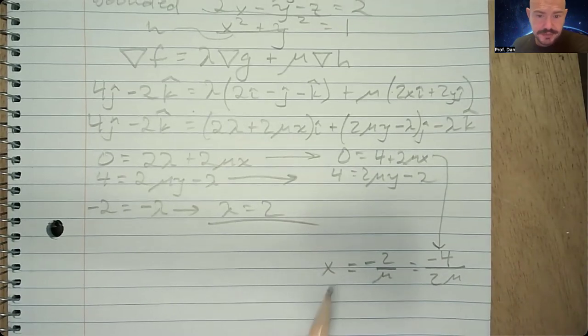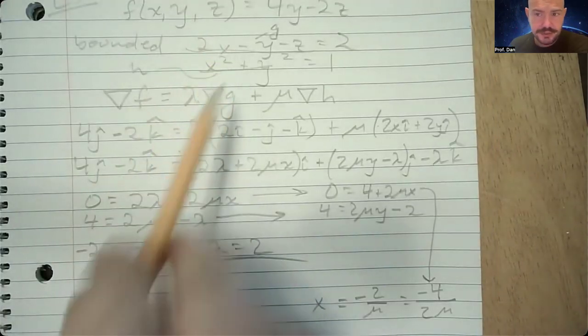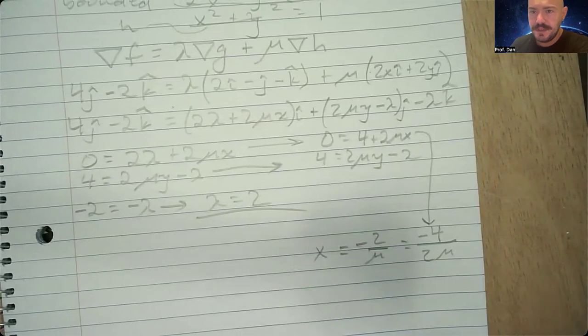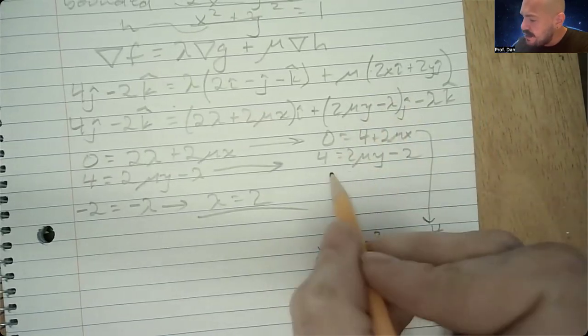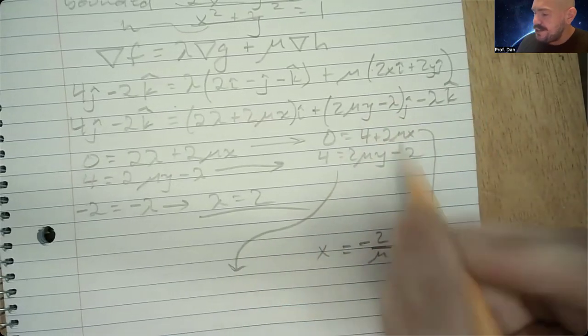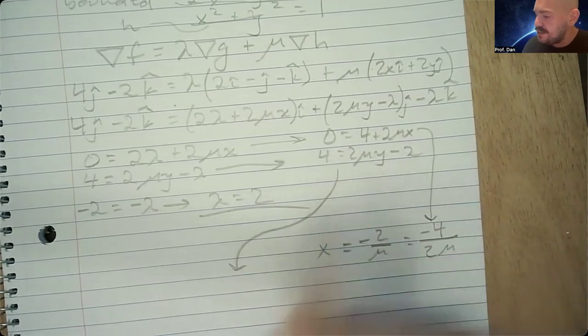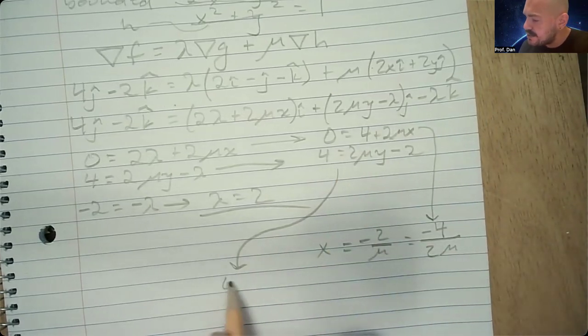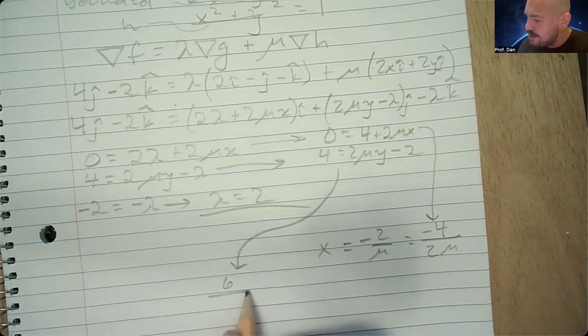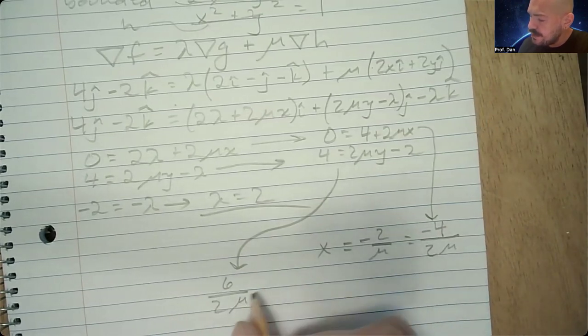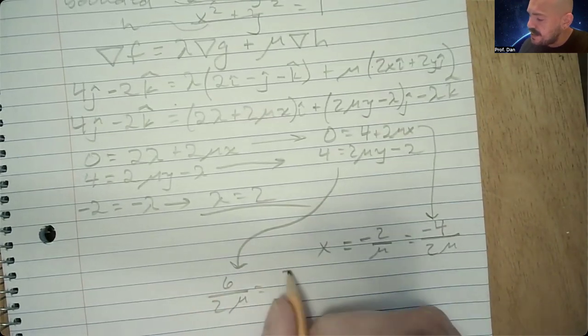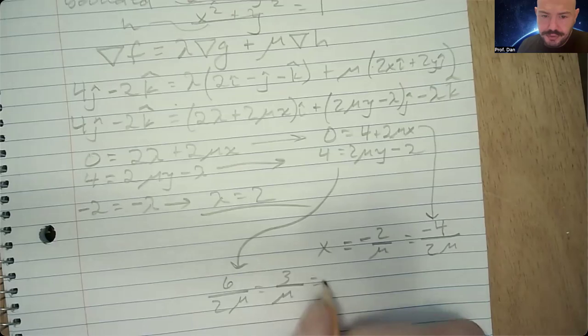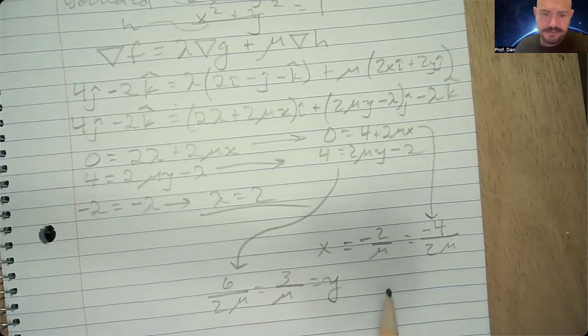Remember, we're going to take this and plug into one of these boundary equations. It'll be pretty obvious which one when we're done. Then for the y equation, I'm going to start by adding 2. I get 6 and dividing by 2 mu. And if I simplify that, that gives me 3 over mu, which is y.